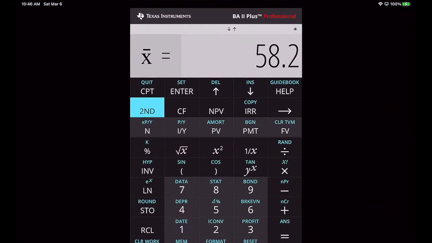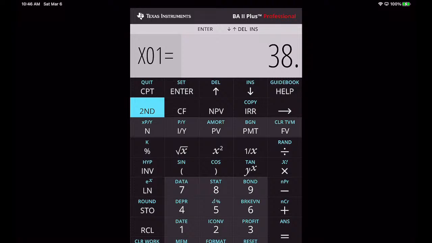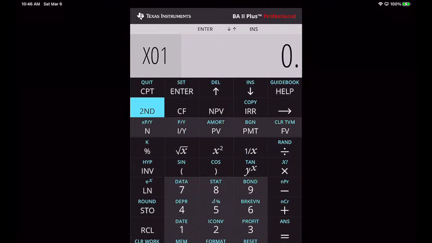So I'm going to go back to my data mode and clear work. So it's wiped out.